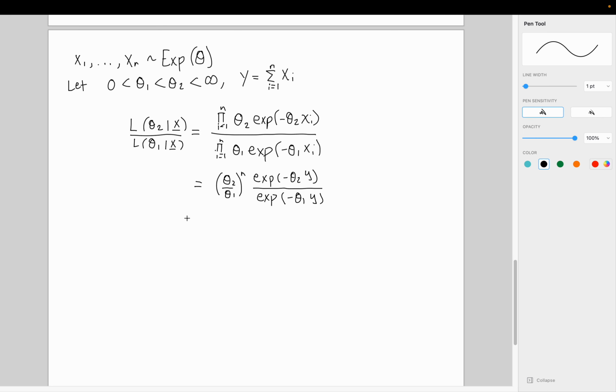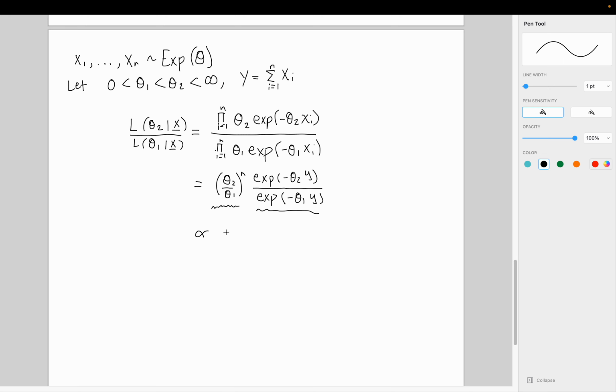Now, I want to check if I have monotone likelihood ratio for a statistic of the data. My statistic for the data is going to be this y term. And if that's the case, this first term has nothing to do with y. So this is the same thing as just checking this other quantity and not paying attention to that first quantity, because it has nothing to do with y.